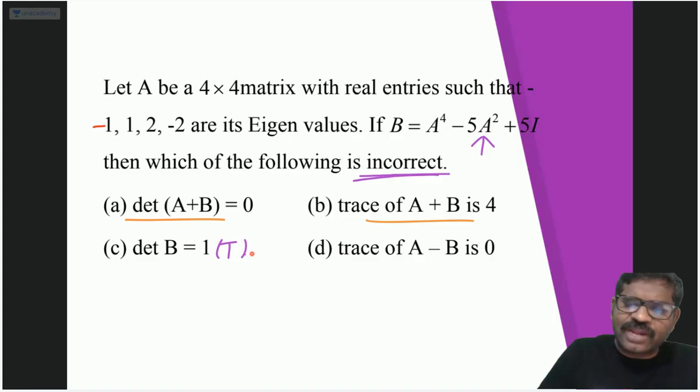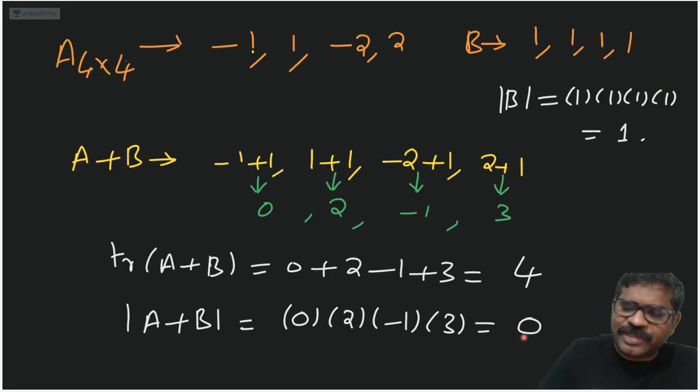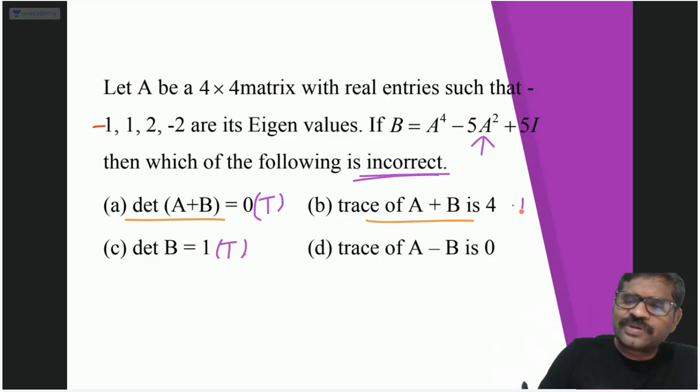Determinant value of A plus B is 0. Trace of A plus B is 4, correct? That is also true.